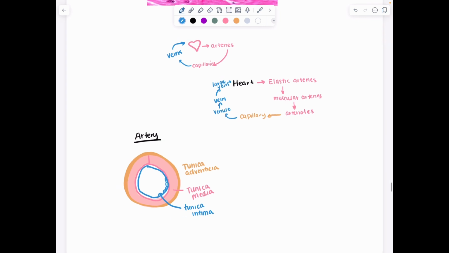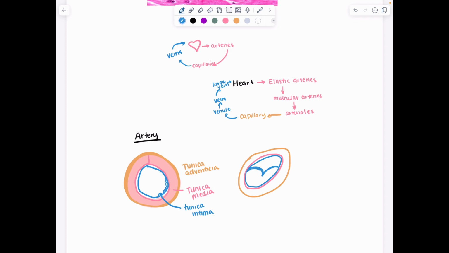Now in a vein, very, very similar. But we just have a little less of each thing. So we still have a tunica adventitia, but typically we're not as strong, as in we don't have such a big structure. And I have a little smaller of this, and a little bit of this. And then what we add in our vein is we have valves.